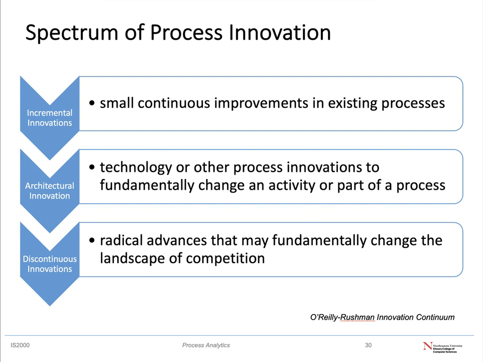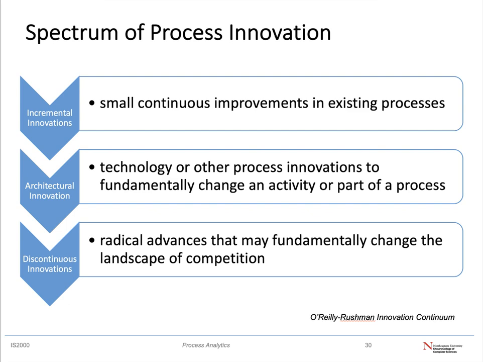Sometimes you might find that new technology comes out, or there are other types of big innovations that allow you to do work differently. In that case, you might fundamentally change some activity or part of a process. An example would be the advent of tablets.